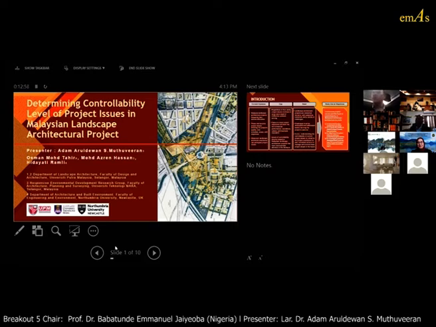Yeah, correct. It's explorative because there is very little information from the literature regarding project portability in Malaysia in the landscape architectural scope. All right. So how are you taking this research to the next level?